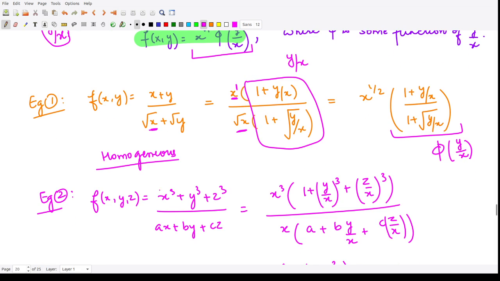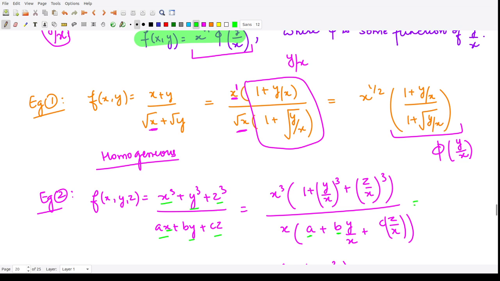Another example, we have a function in 3 variables, given as (x cube plus y cube plus z cube) divided by (ax plus by plus cz). From the numerator, when you take x cube as common, you would have 1 plus (y by x) whole cube plus (z upon x) whole cube, and from the denominator, when you take x common, it would be a plus b into y divided by x plus c into z divided by x.